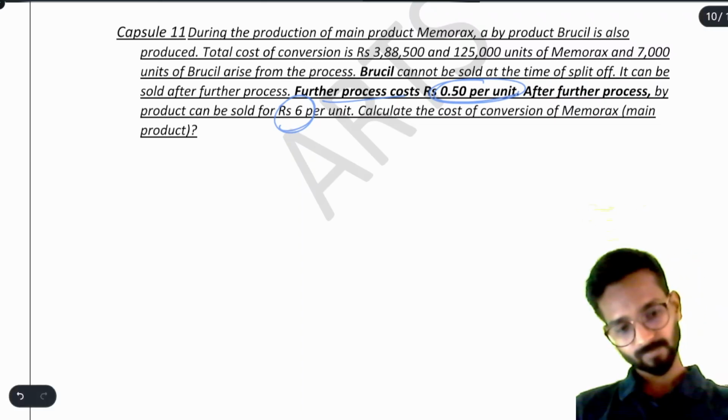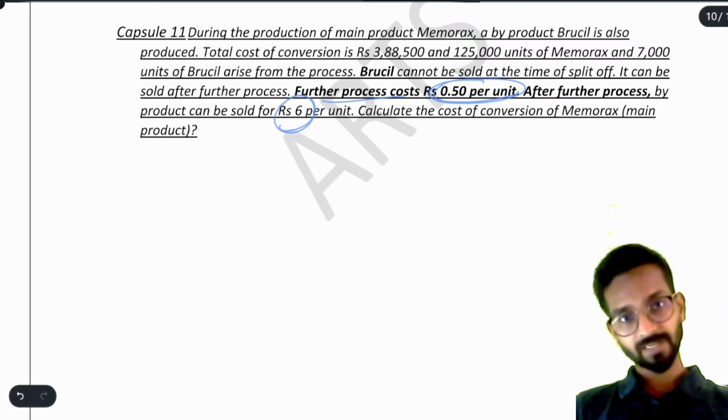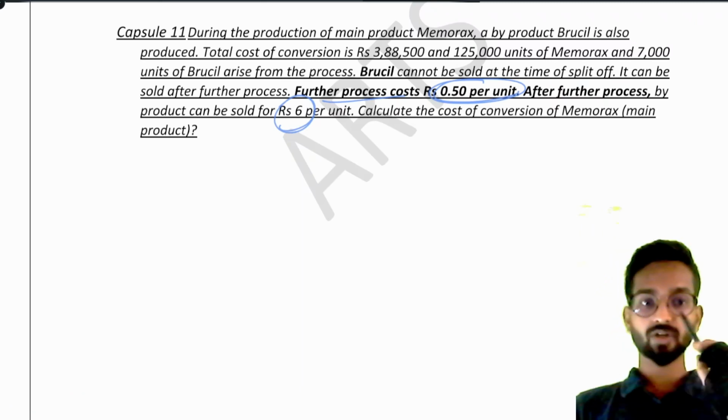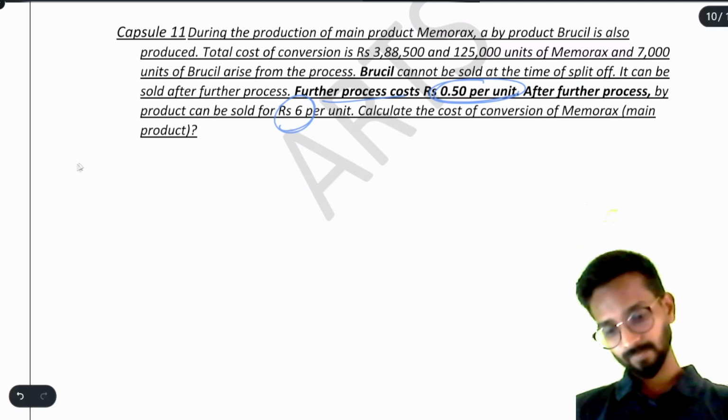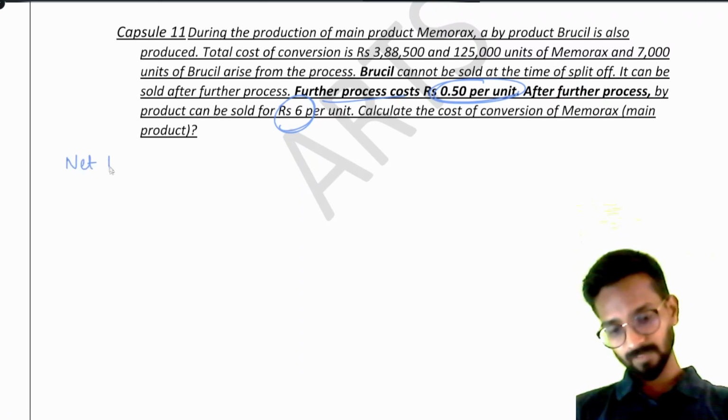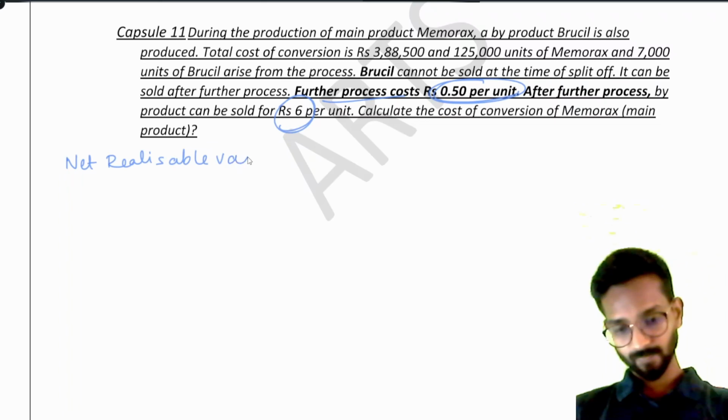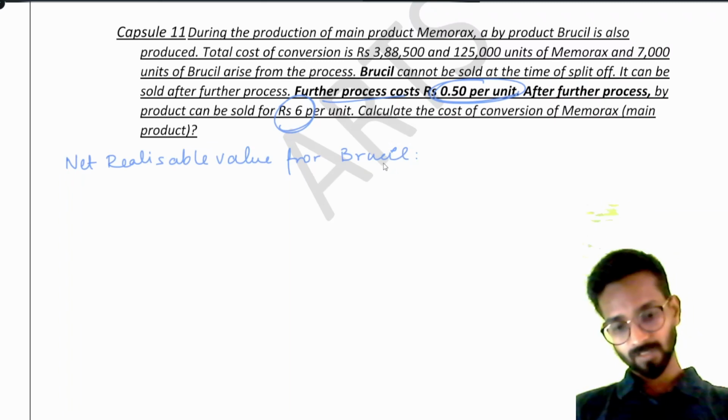Why are we finding net realizable value? Because to calculate the cost of conversion of Memorex, we need the net realizable value for Brucil. How? It can be sold at 6 rupees.